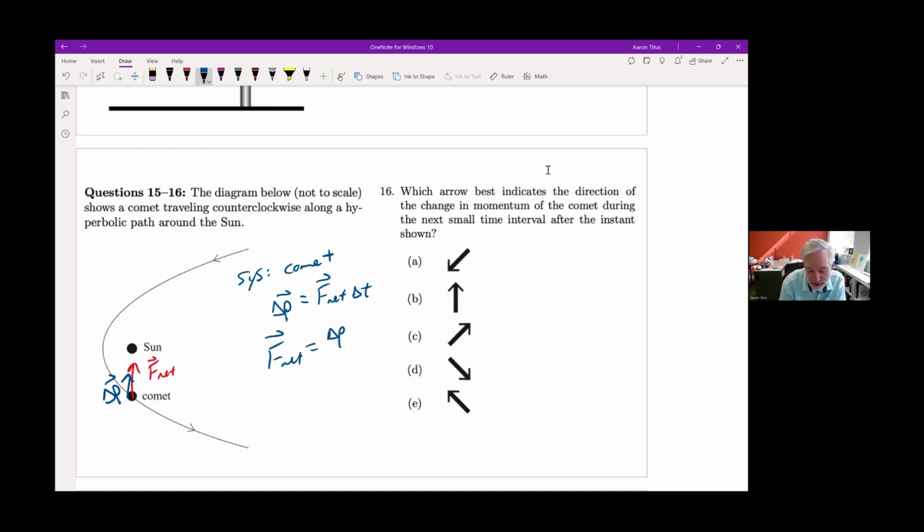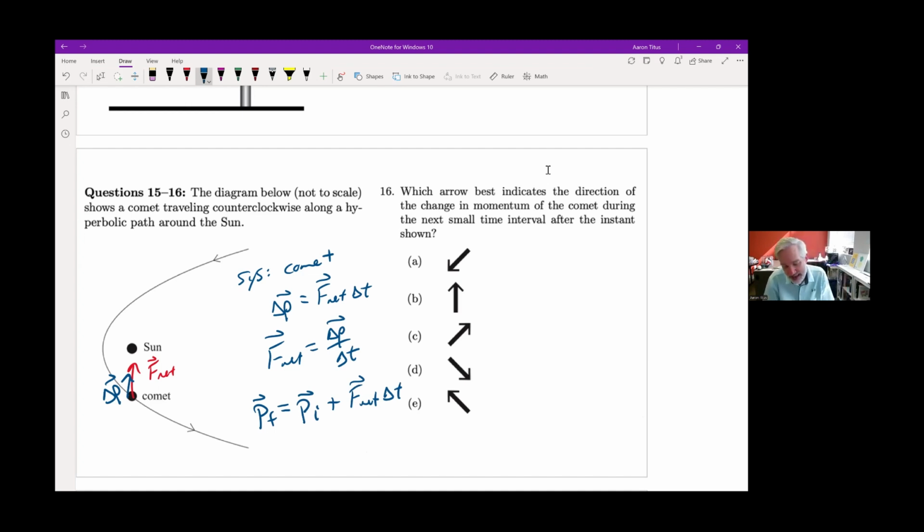We did constant force motion problems, projectile motion, the standard problems. But we also did what's called the iterative approach. So if you want to predict the future motion of the comet, you would do P final equals P initial plus F net delta T.